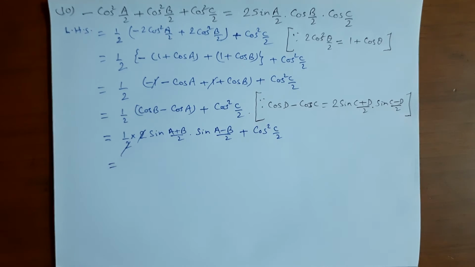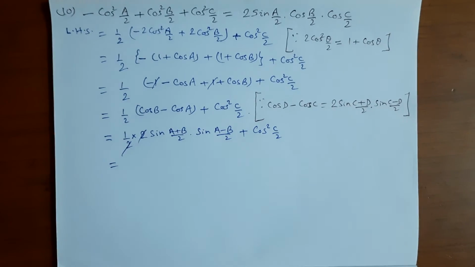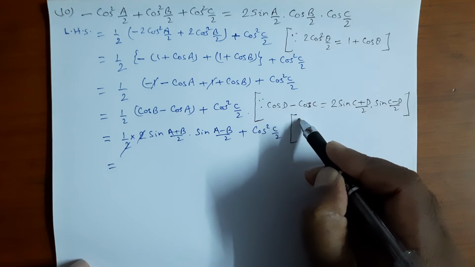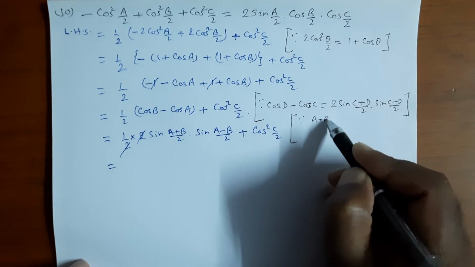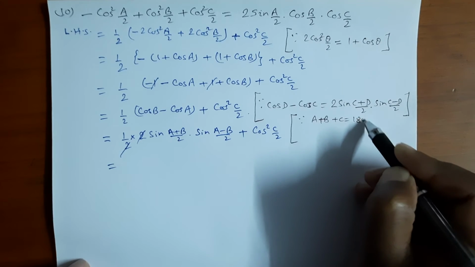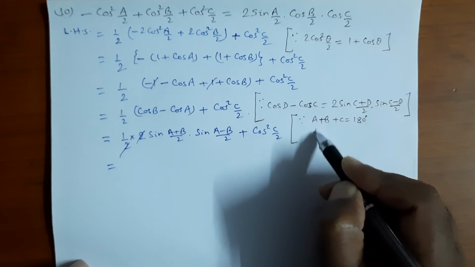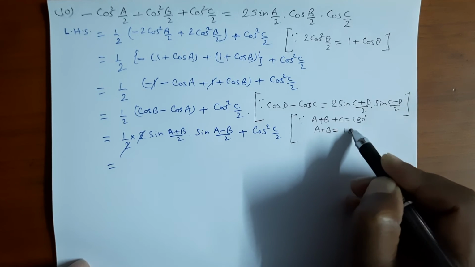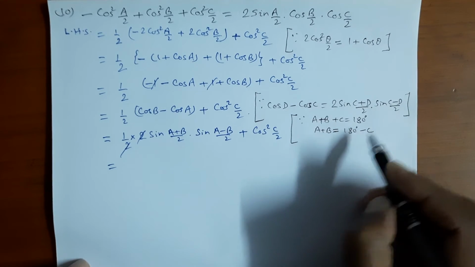Now sine (a plus b)/2. Our given condition is a plus b plus c equals pi radian, or 180 degree, and a plus b equals 180 degree minus c.